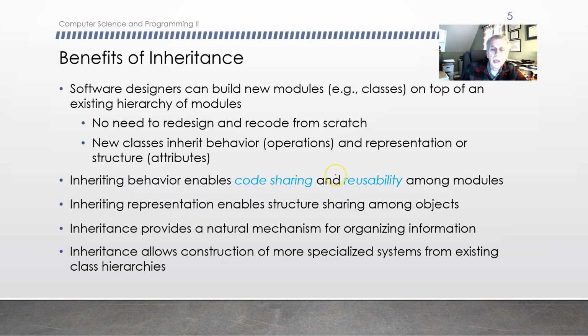This is a key concept in object-oriented programming. The inheriting representation enables the sharing of the structure among these objects. So inheritance provides what we would consider kind of a natural mechanism for organizing the relationships between various types of things in our real world and within our representation as well.